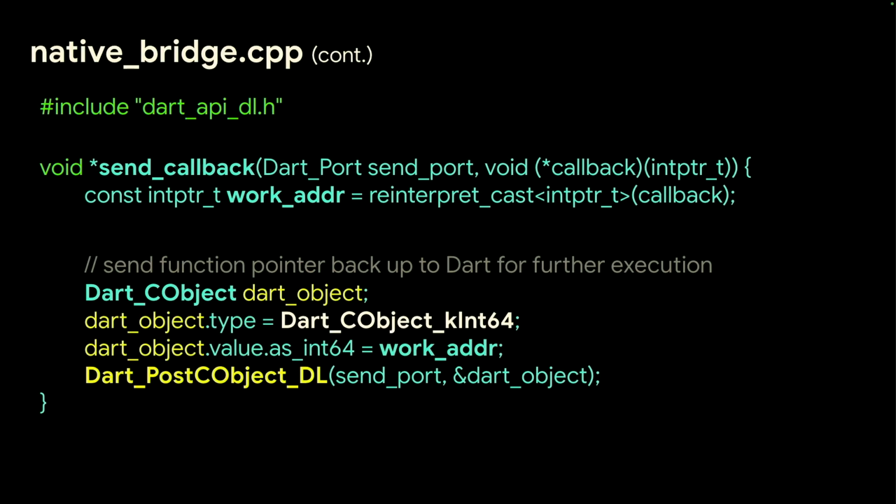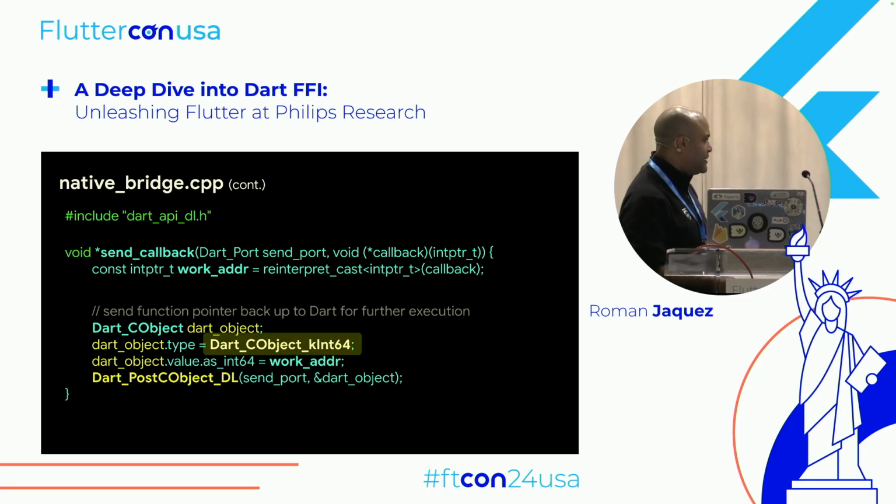This is the same way, but for example, the pointer from Dart that you send, you send it back up as a kint64. So it's like an int64, a 64-bit integer that you can just send back up to Dart. And then in Dart, you could just execute it.